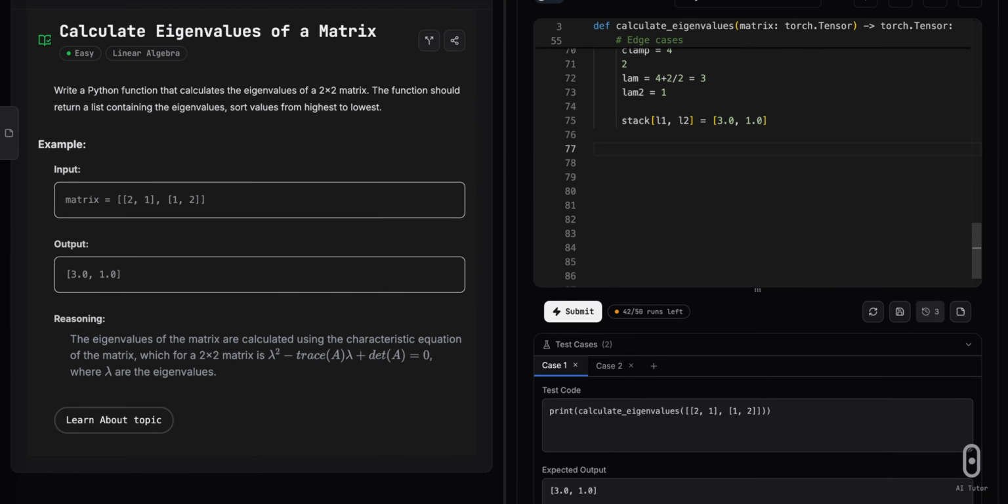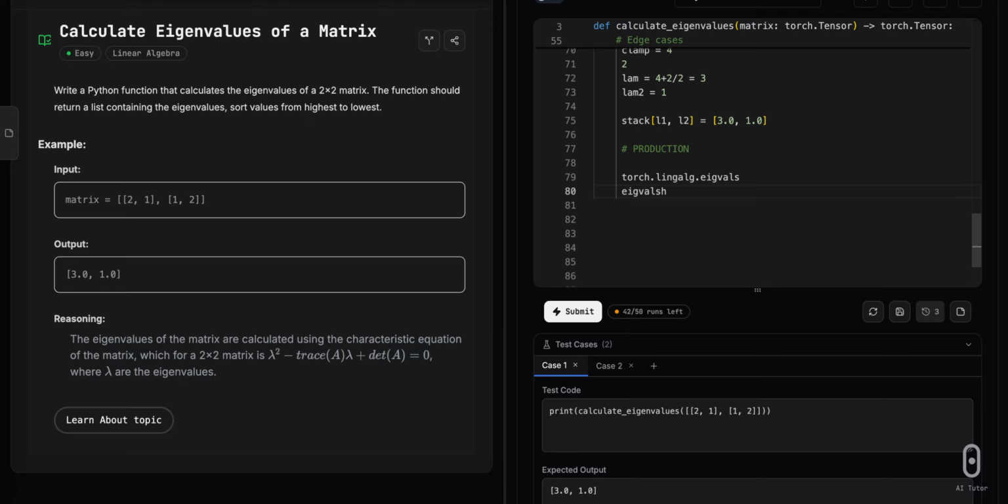The other thing we could say is about production cases, as I mentioned in all of my videos. In production, for batches of matrices or larger sizes, we generally use the function PyTorch already gives us, torch.linalg.eigvals. There is also eigvalsh for symmetric matrices, which is faster and gives guaranteed real values.